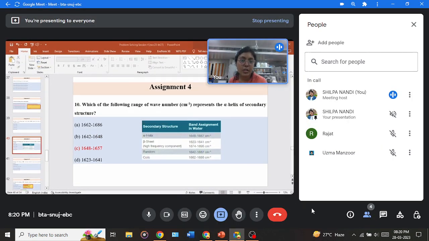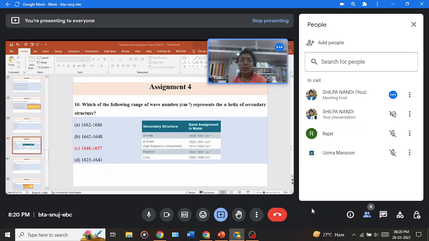This is a particular table if you are trying to see which of your peak determines what kind of secondary structure. I hope this is visible. In case of secondary structure, the band assignment in water, if it ranges between 1648 to 1657 per centimeter, this is the wave number actually, then it will constitute an alpha helix. Similarly, it is given for beta sheet, random units as well as coils.